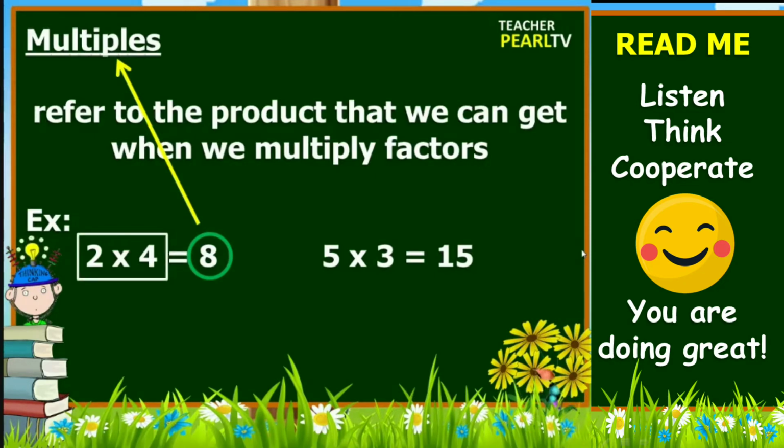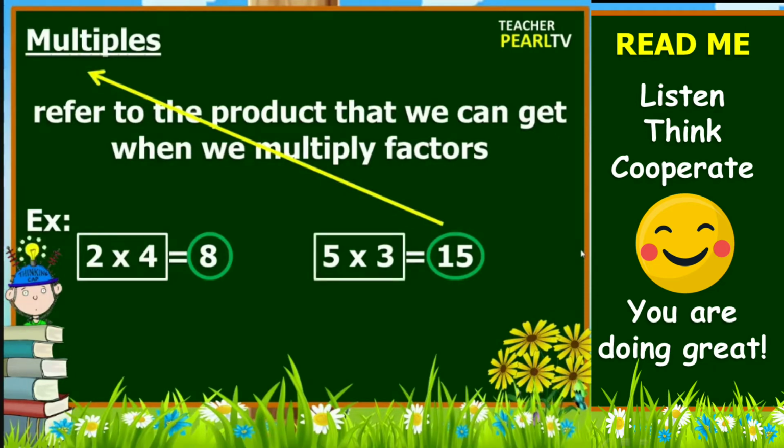Next example, 5 times 3 equals 15. 15 is a multiple of 5 and 3. As simple as that.